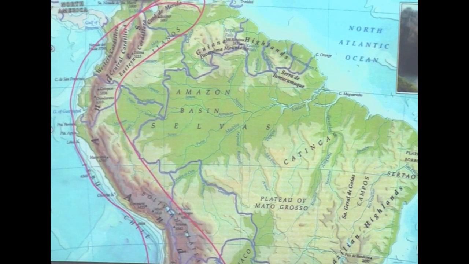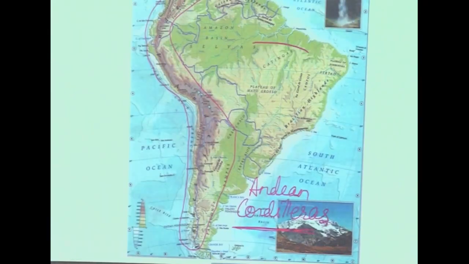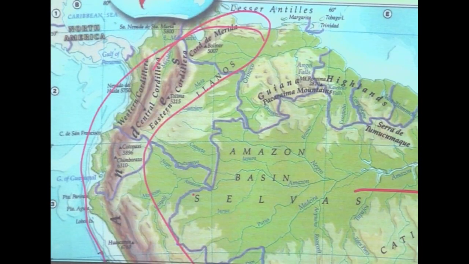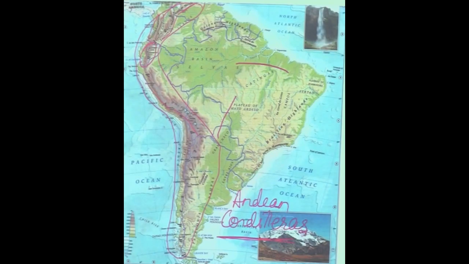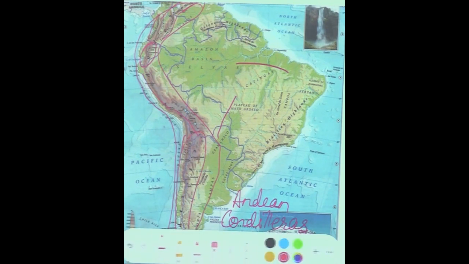We have the mountain range running from Venezuela, via Colombia to Ecuador, Peru, Bolivia, Chile and Argentina. Andes or Andean Cordilleras are identified to be the young fold mountains of the world.